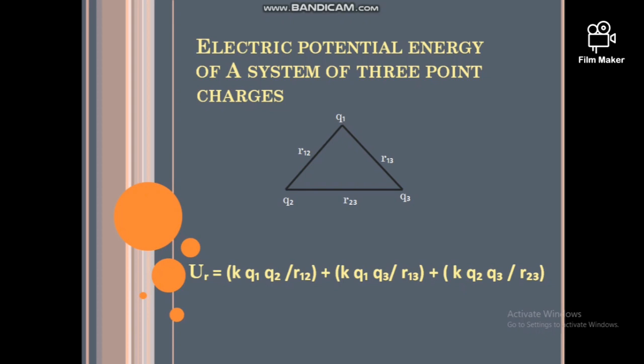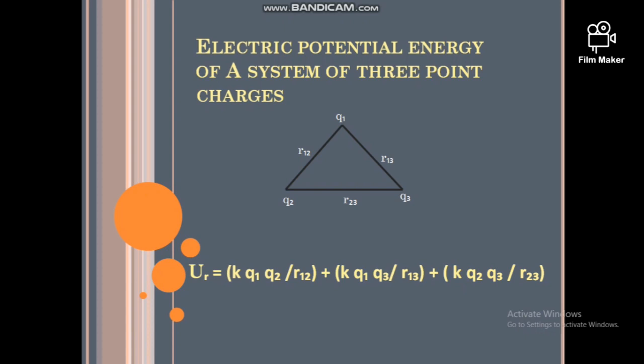Consider three point charges which are located at three different positions and forming a triangle. These point charges are Q1, Q2, Q3 having the separations r12, r23 and r13.